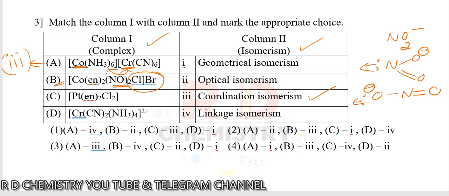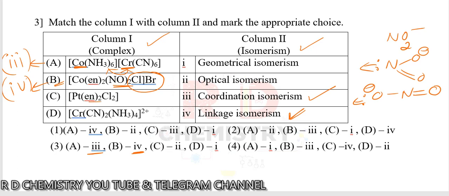So this is an ambidentate ligand. If there is an ambidentate ligand, it can show linkage isomerism. Remember that. So B, Roman number 4. If you see carefully, option number 3 tells you 3, 2 and 4 for the first complexes. Then you have C and D.